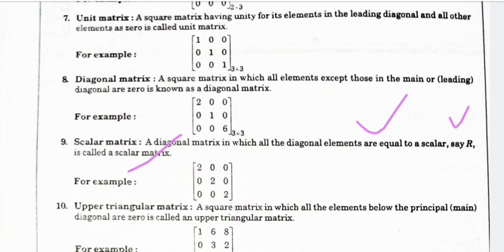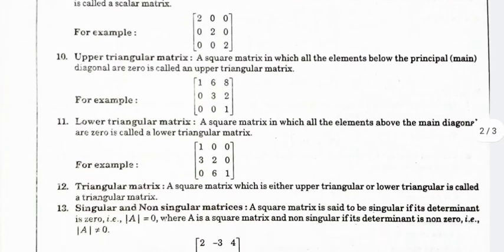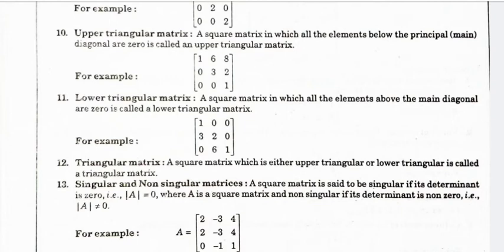Now come to the next matrix, that is the upper triangular matrix. An upper triangular matrix is defined as a square matrix in which all the elements below the principal diagonal are 0.